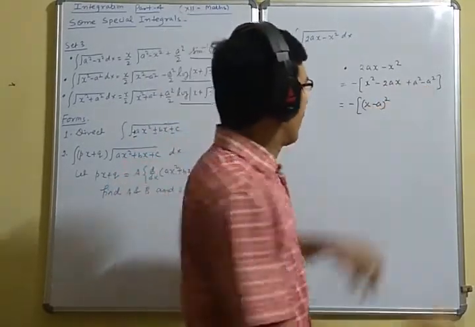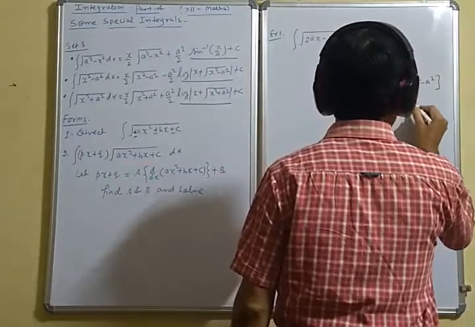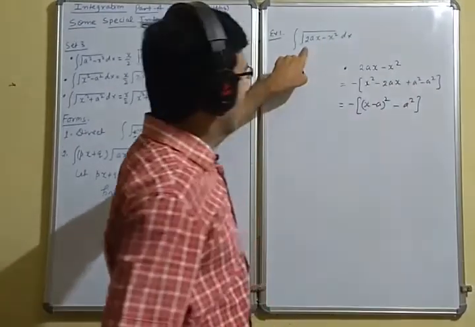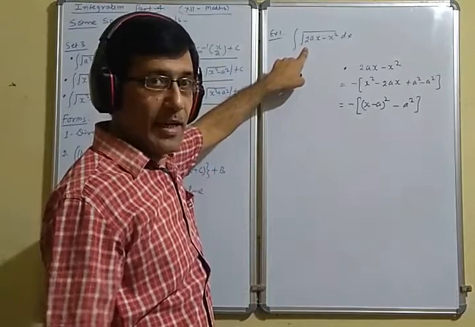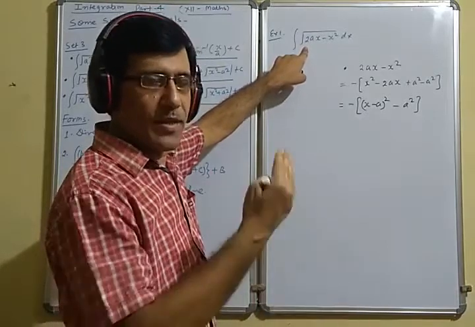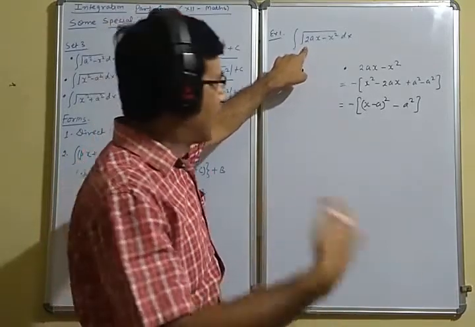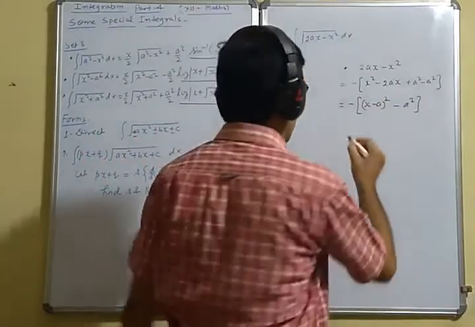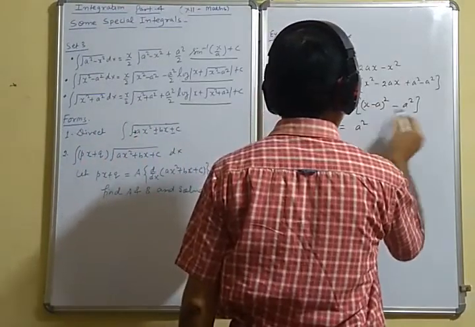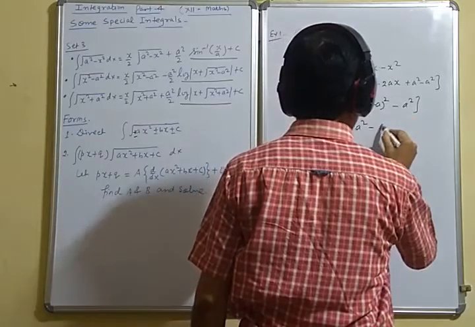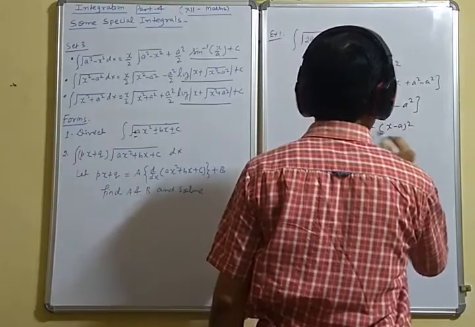So what you will get? Minus of x minus a whole square, minus a square. Since this is in a square root, we cannot take the negative sign outside the square root, so we have to take it inside. It becomes a square minus x minus a whole square.